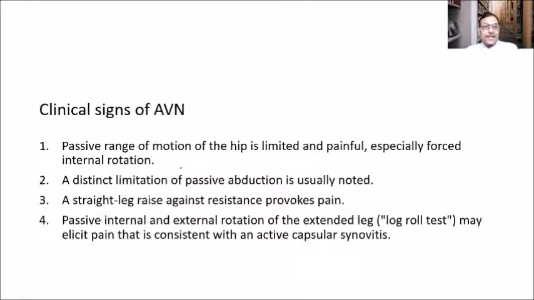If the patient's range of motion, especially internal rotation, is limited, that tells you about avascular necrosis. Or passive abduction is limited, or the patient can do a straight leg raise but complains of pain, this is one indication that the patient has avascular necrosis.